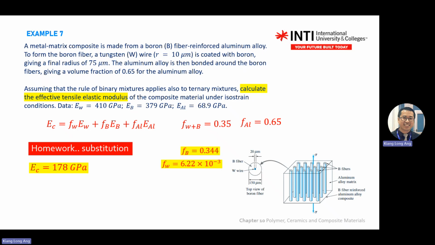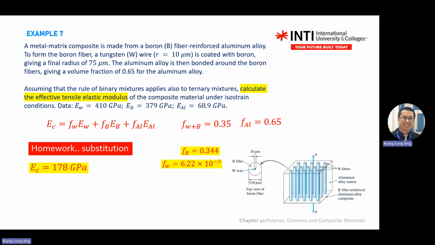But again, it's still two main ingredients, fiber and matrix. You use F because this question has 3 different materials, the previous one only 2. You can use V also.